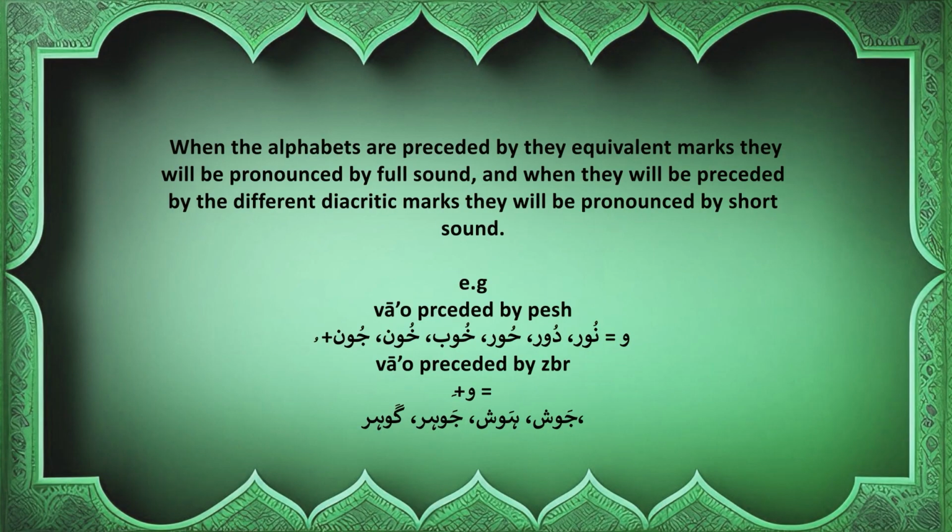Well done. So we'll see examples of VAO preceded by Zabar: Josh, Hosh, Jawhar, Gawhar.